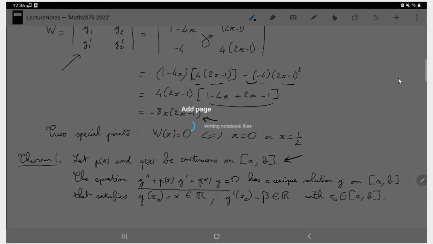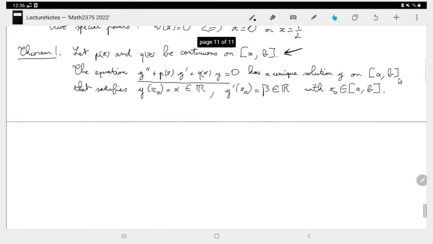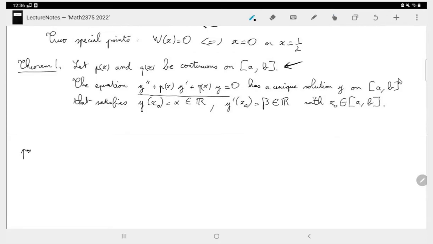So, first of all, we have a special point at x equals 0. y1, let me remind you, is 1 minus 4x. Its derivative is minus 4. And y2 was 2x minus 1 squared, and so the derivative of y2 is 4 times 2x minus 1.